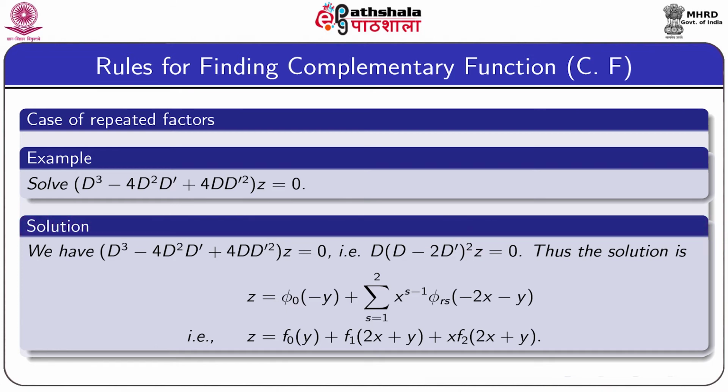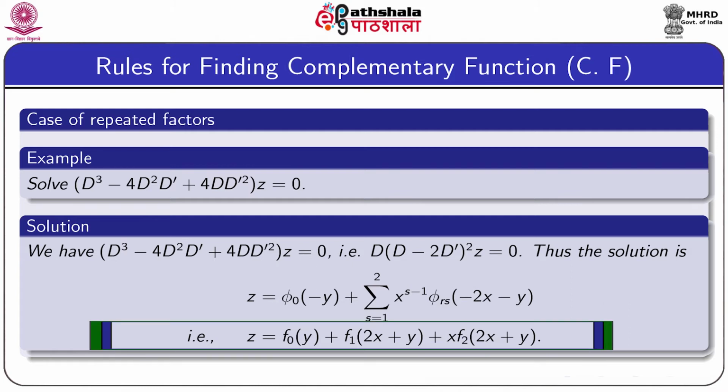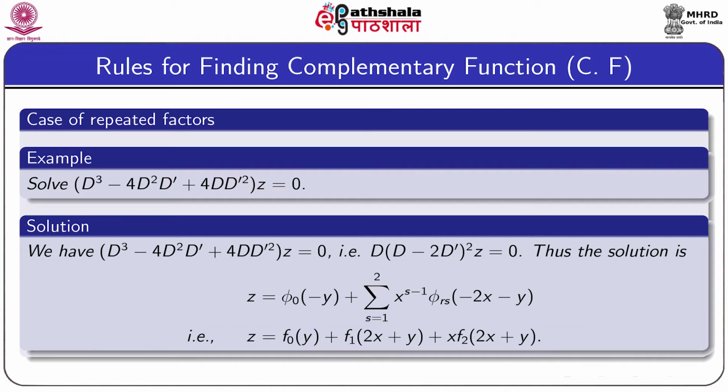One can assume instead of φ another function f, where f0(y) is φ0(minus y), and fr(minus 2x plus y) as φr(minus 2x minus 2y). So, this is the general solution of the given equation where the roots are repeated.